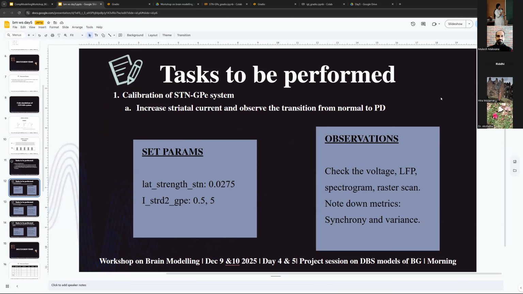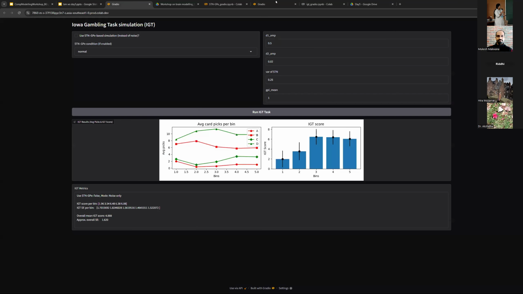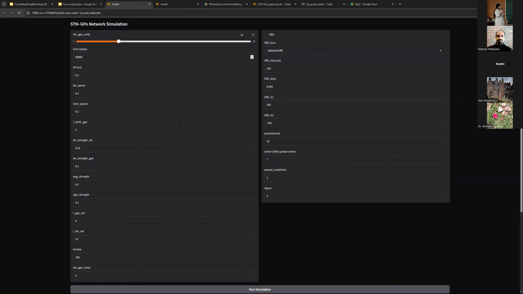So for the first one, we will fix the lateral strength, increase the striatal current, and see what happens to the metrics. You can go to the Gradio page. I can dictate the parameters to you, and you can load them up. Yeah, this one, right? You can keep the lateral strength of STN at 0.0275.